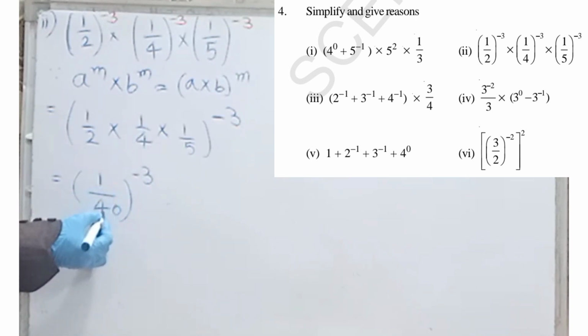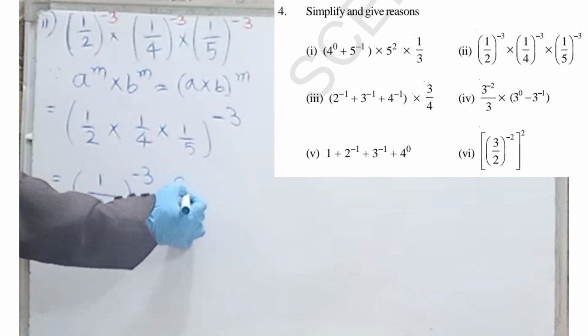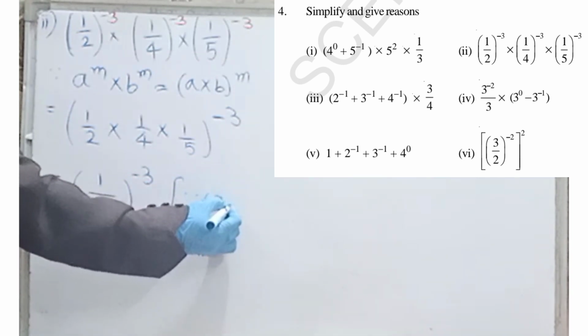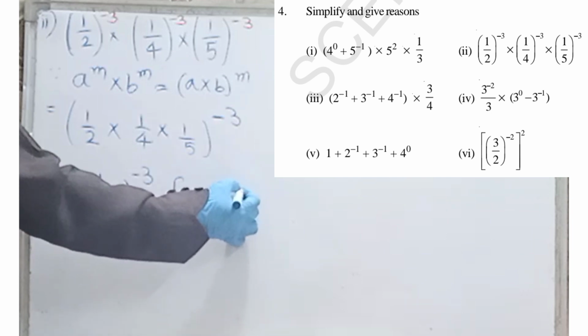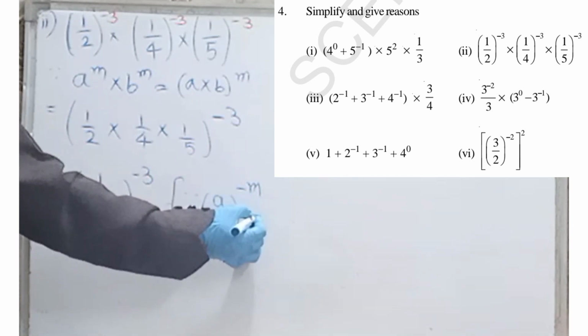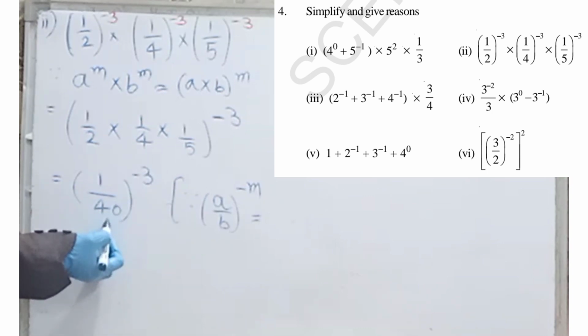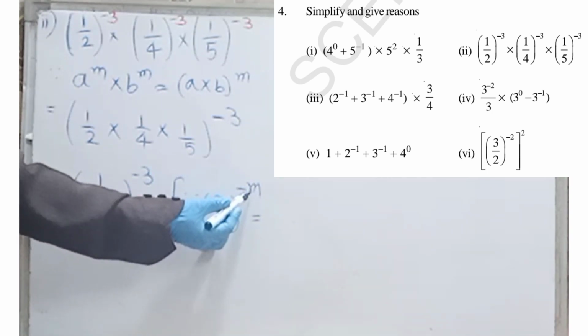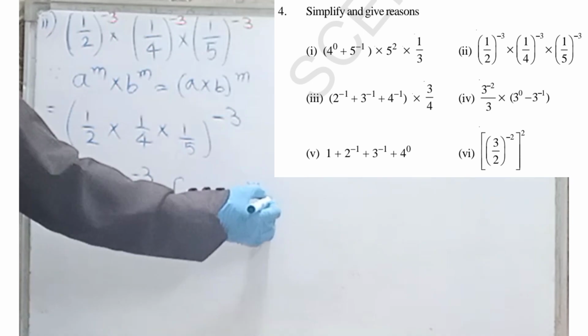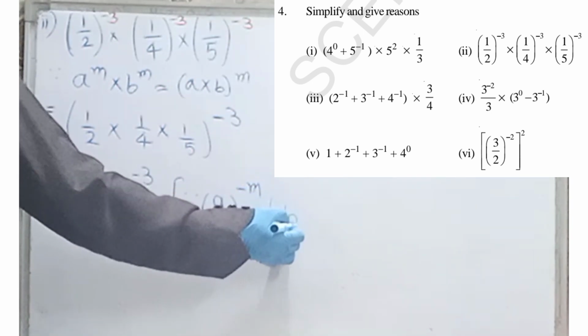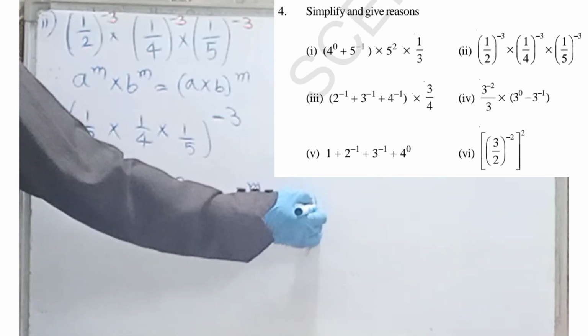Now it is of the form a by b whole power minus m. Since the power is negative, we cannot find the answer. So we will change this negative sign to positive using this formula: b by a whole power m.